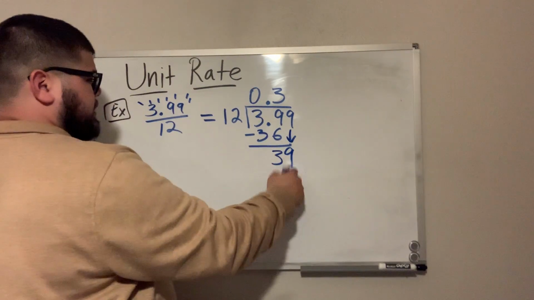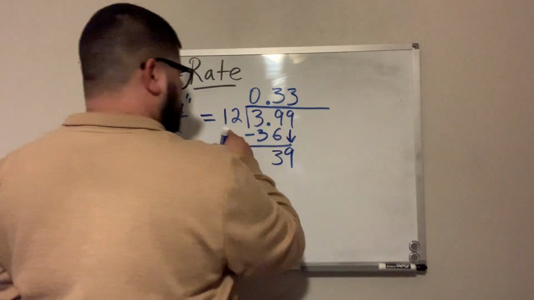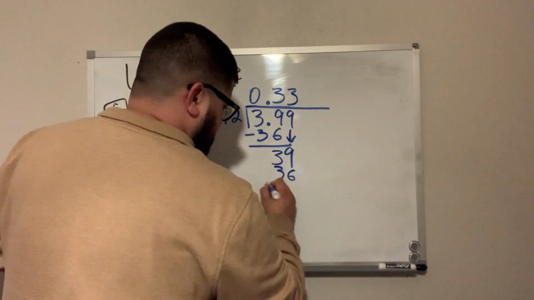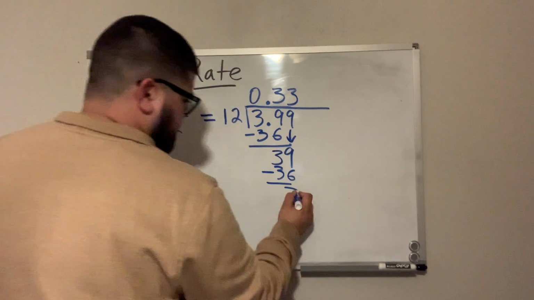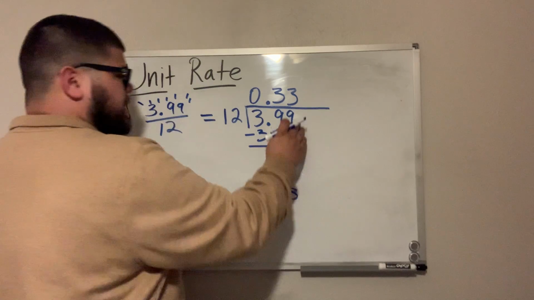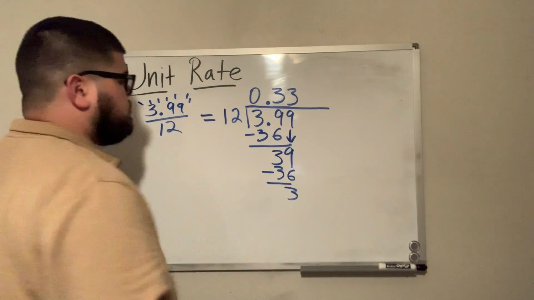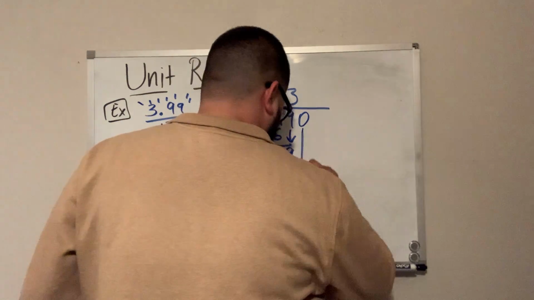12 into 39. Again, we know that answer. I'm going to extend this out. 3 again. 12 times 3, we get 36. 9 minus 6, we get 3. 3 minus 3, we get 0. But there's nothing here. What number is the same as nothing? 0, right? We're going to put a 0 here. Bring that down.